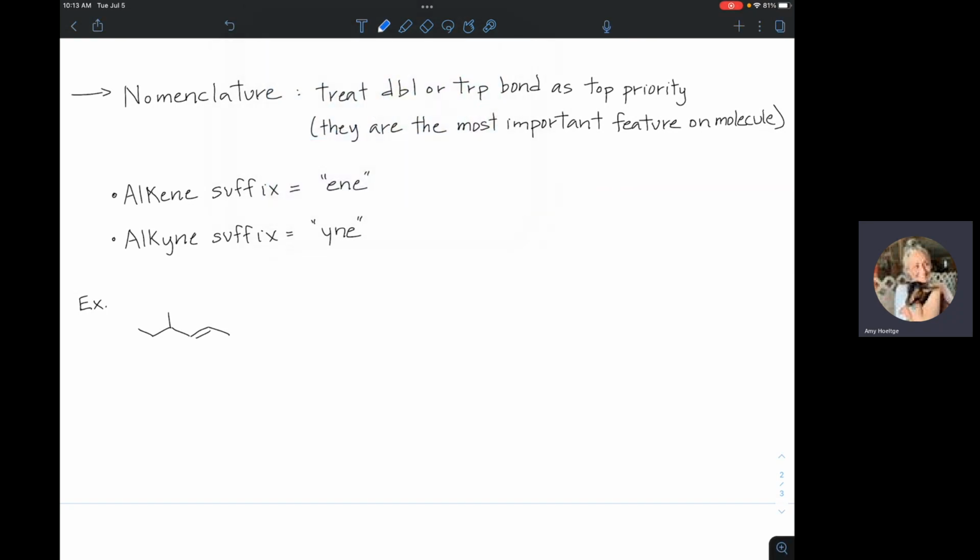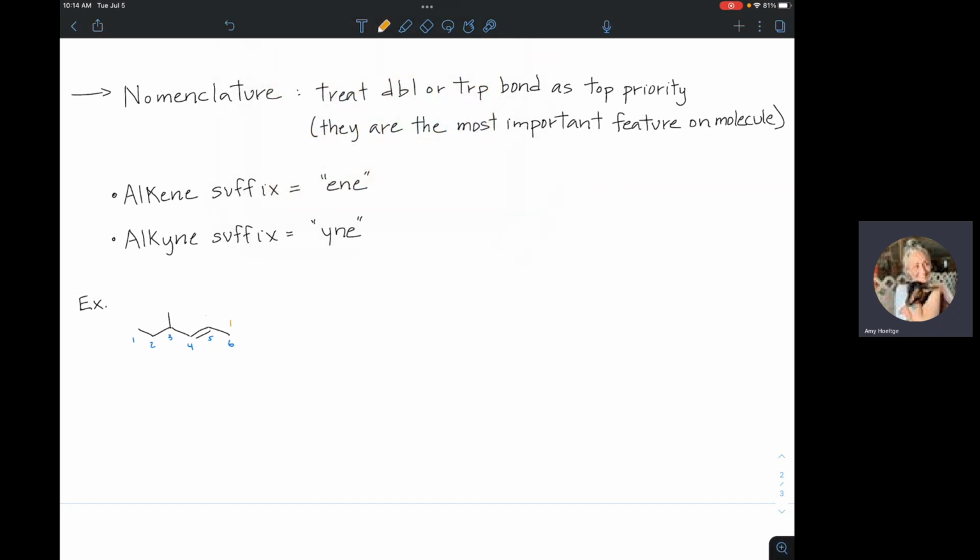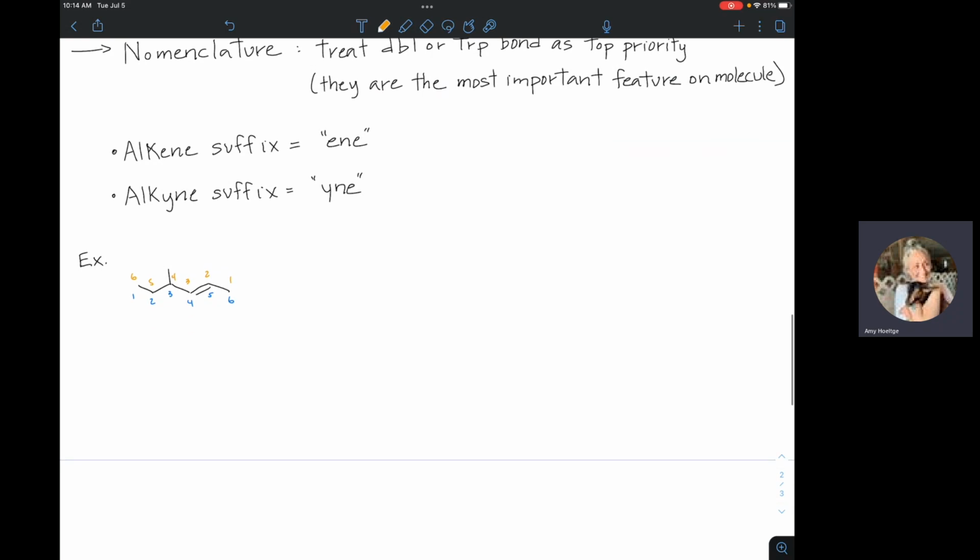So we've got 1, 2, 3, 4, 5, 6. Or I could count in the opposite direction. I could go 1, 2, 3, 4, 5, 6. If I went up into that methyl group, I would only have 5 carbons. So my longest continuous chain is 6 carbons. So that's going to be some kind of hex, right? But it's not a hexane, it's a hexene, because I have this double bond here.